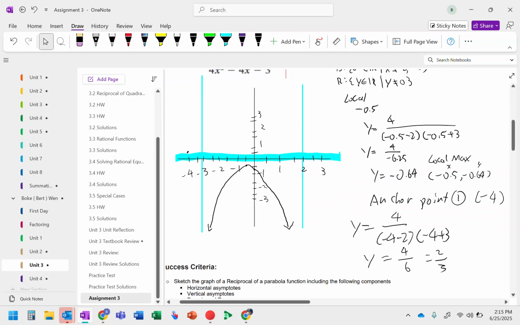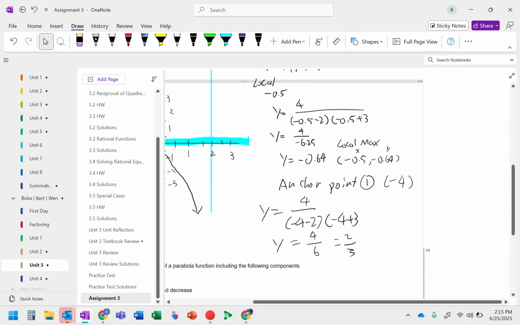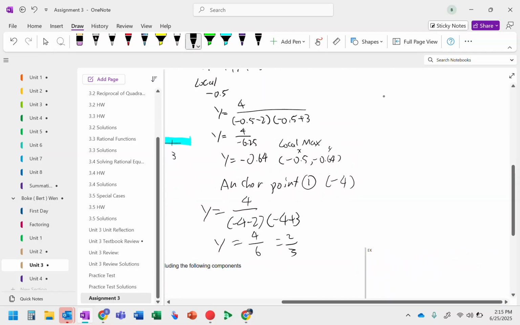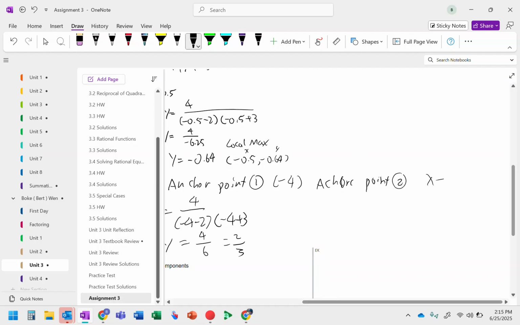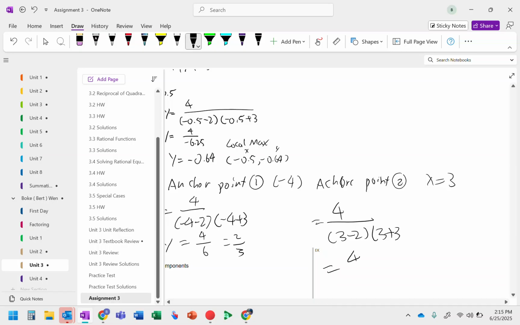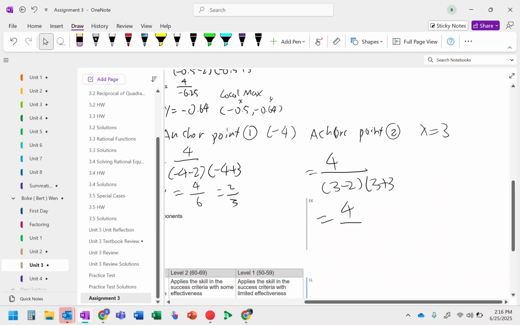And next, we're going to do the same thing to find our other anchor point on the other side. I'm going to copy this down so it's more clear. I picked the point x equals 3. And now we just do the same thing, plug the formula in, 3 minus 2, and 3 plus 3, and we would get the same y value.